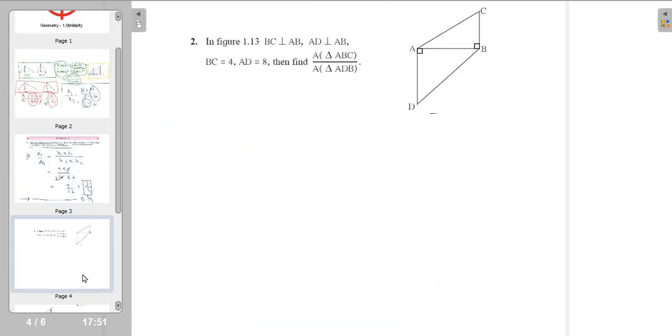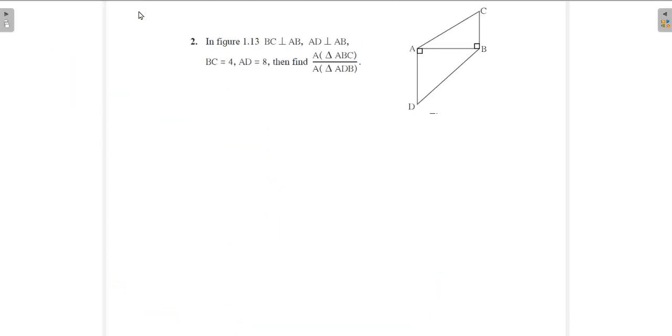Let's move to the second problem of practice set 1.1, and as you can clearly see, this base is the same, this height is different, this height is different, and you can easily solve this problem. What is asked? Area of triangle ABC to the area of triangle ADB.